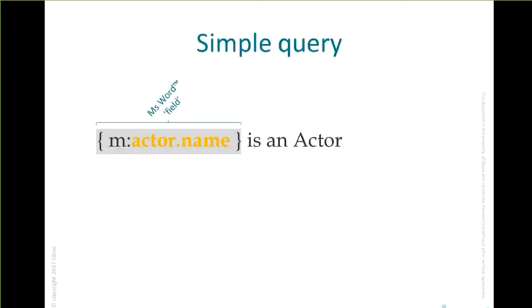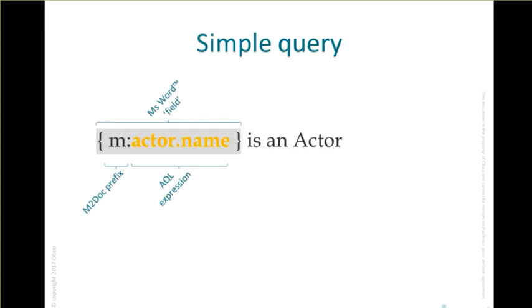For example, this instruction, so this is in gray, it's a Microsoft Word field. All the fields have brackets around, and then inside of this field you will enter M:, then some instruction. Here the instruction is actor.name, which means that I want to write the name of the actor, a variable, and this M:, is the M2Doc prefix that must be used in every field that is an M2Doc instruction.